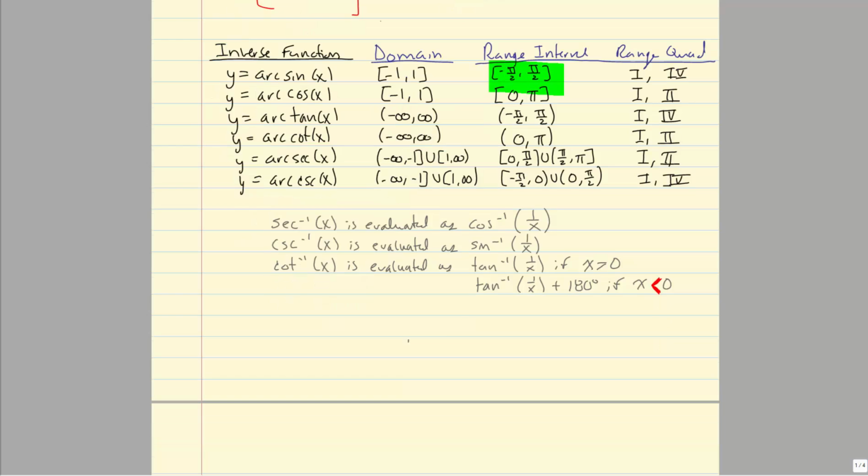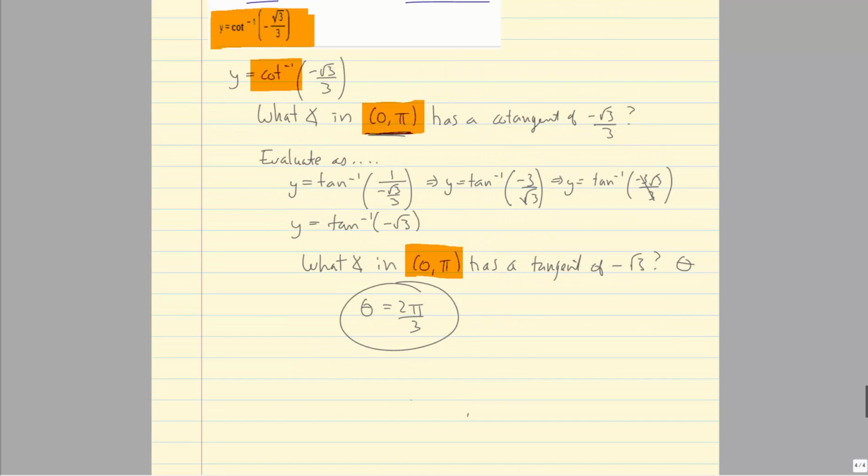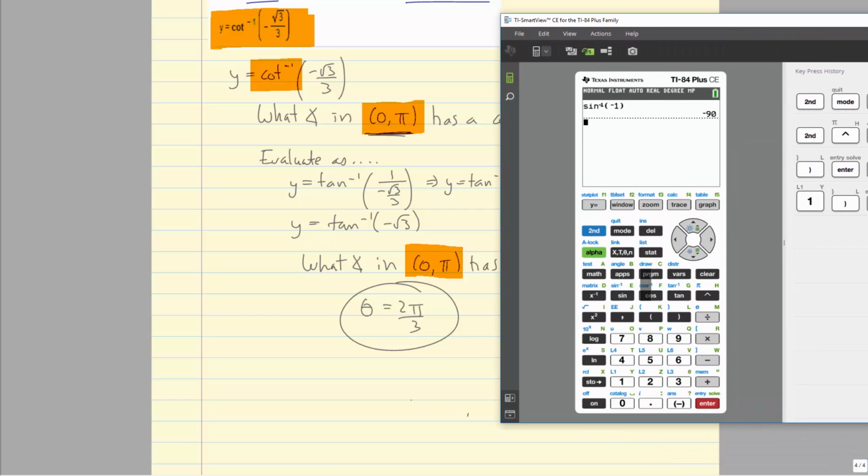Okay, so now let's see what happens with a calculator. If we were to do this problem on a calculator, this would be the inverse tangent, and I'm going to go ahead and put in the negative root 3 here.